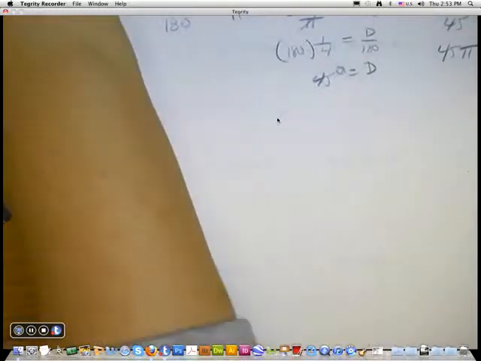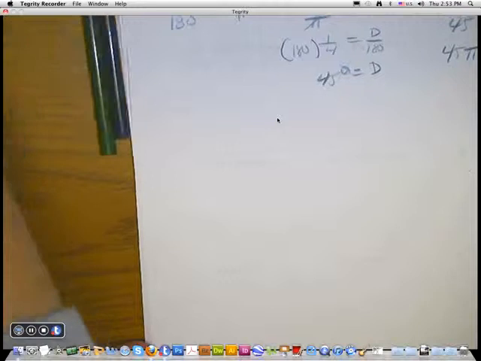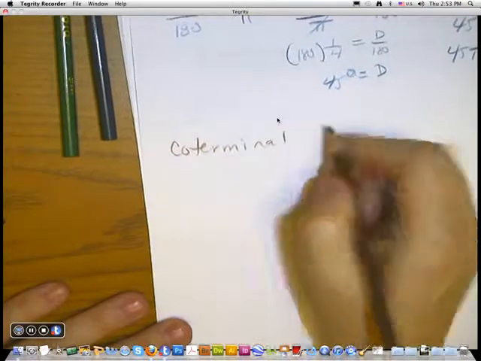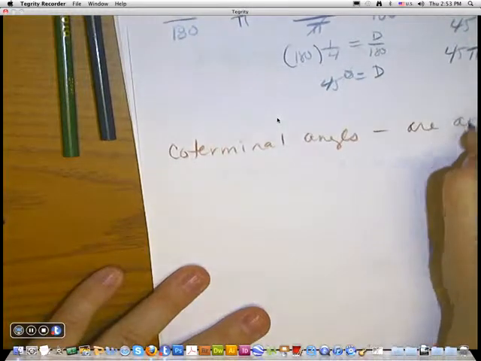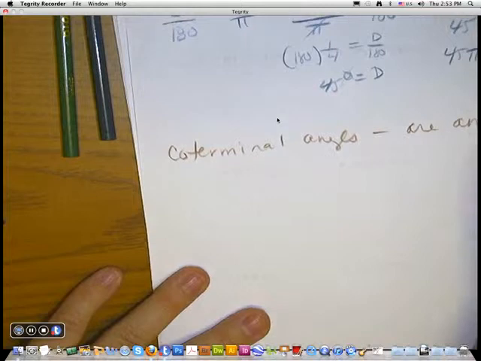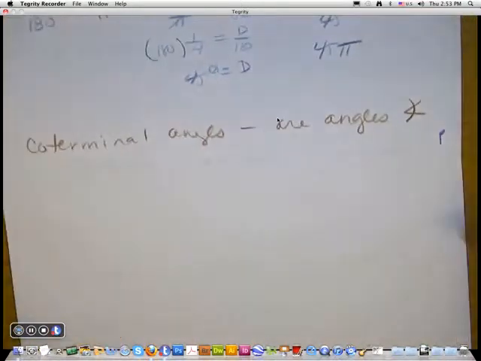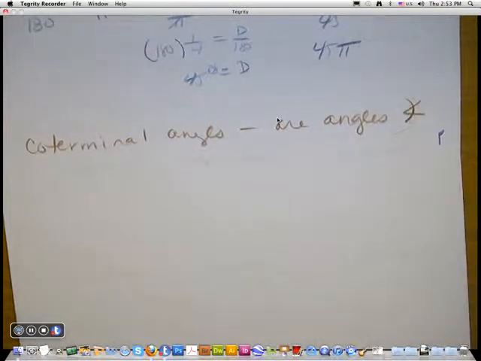All right, the next thing that we're going to be talking about are coterminal angles. Now, coterminal angles are angles, and you're going to see me use this abbreviation for angles just because I get tired of writing out the words. It's kind of a little less than with a half moon shape through it. That's going to be the shorthand for angles.